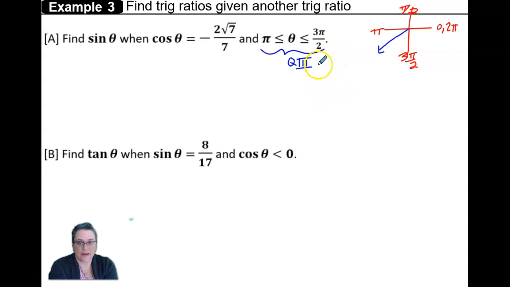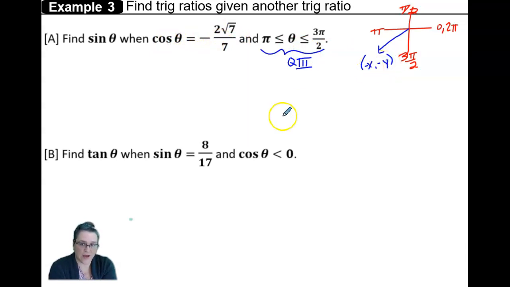Okay, and that's significant because we know that in quadrant 3, both the x and the y are negative. So when we identify the x, y, and r using the trig ratio that we're given, we're going to need to recall that the signs of both x and y are negative.